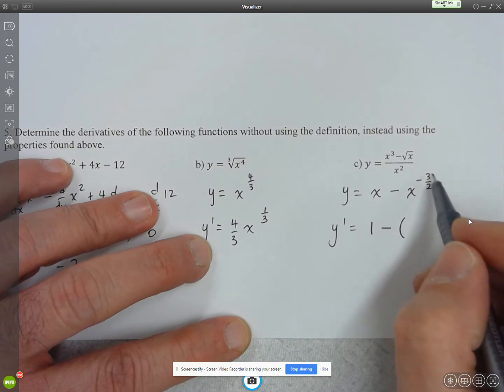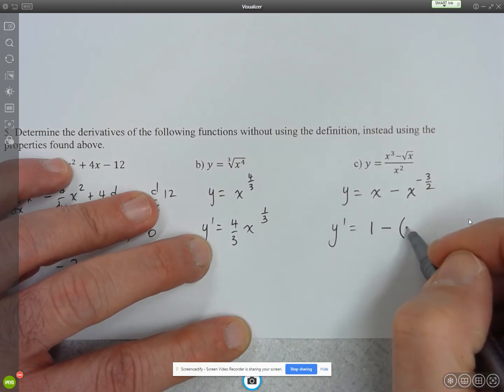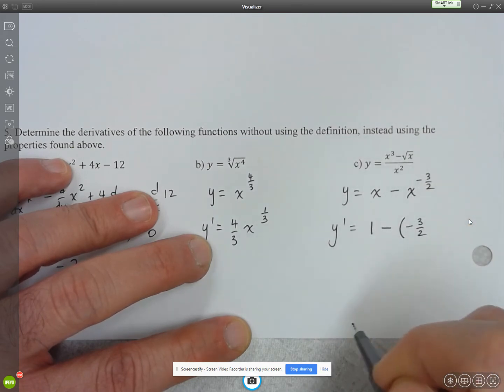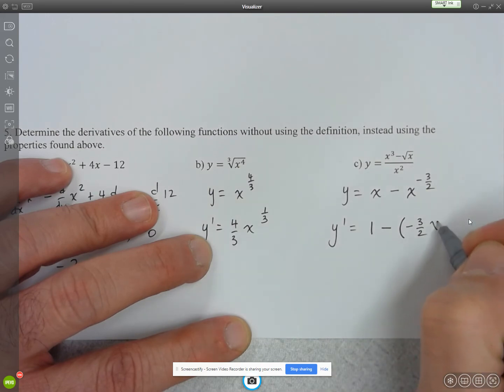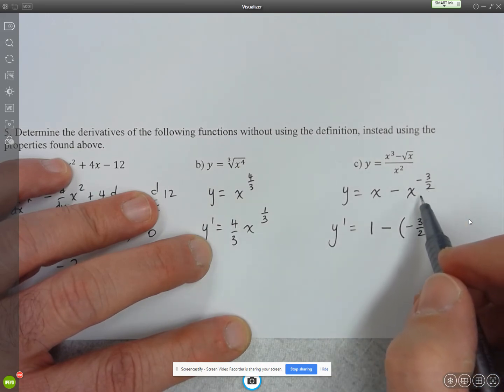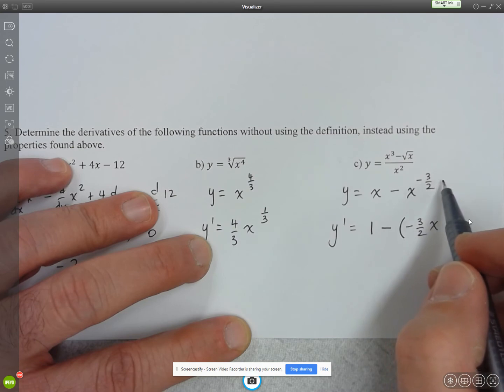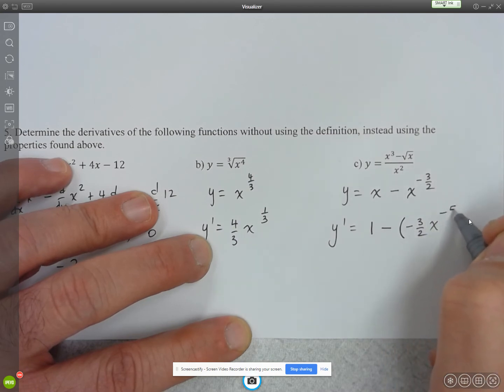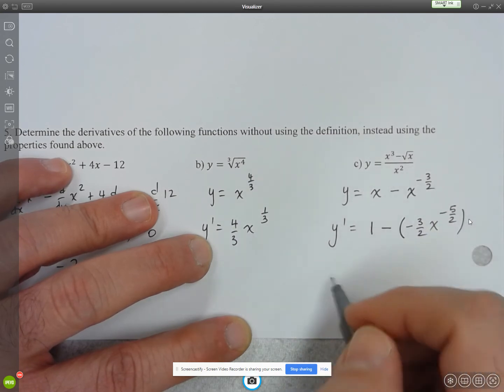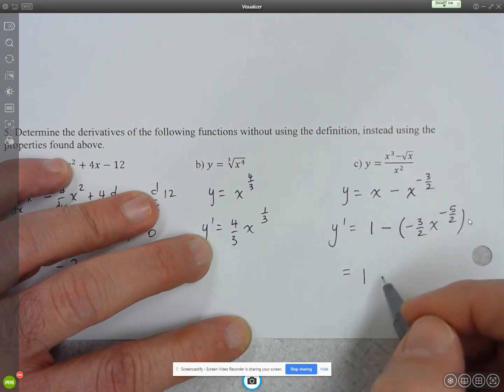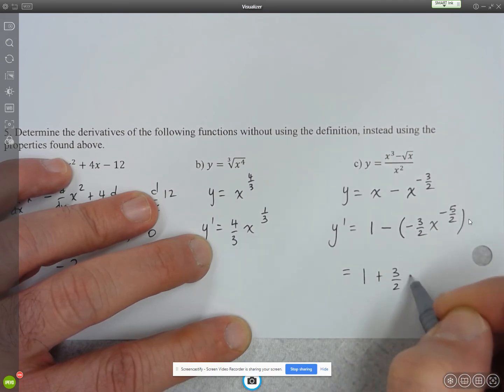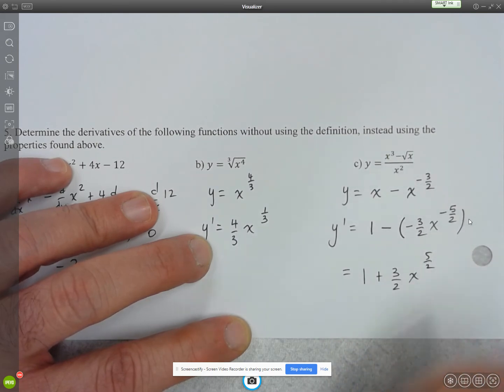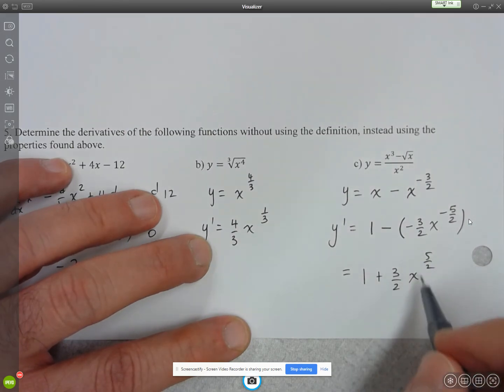The original exponent now becomes my coefficient, and then my exponent goes down by 1. So negative 3 over 2 minus 2 over 2 is negative 5 over 2. All right. And this is just 1 plus 3/2 x to the negative 5 over 2. Okay, and like I said, for now, we're going to allow ourselves to leave it in this form.